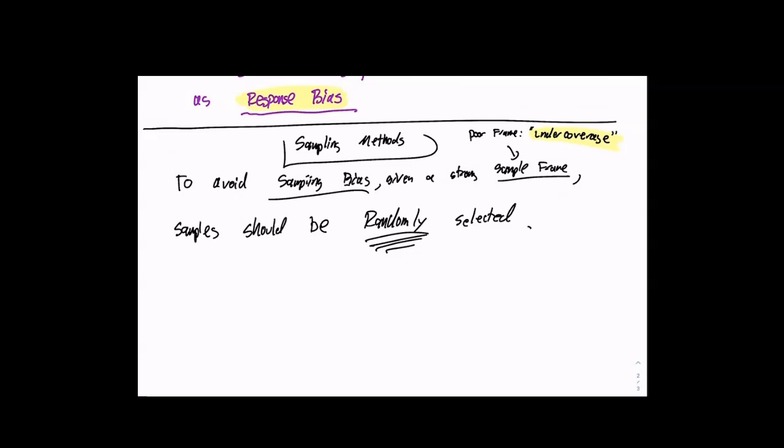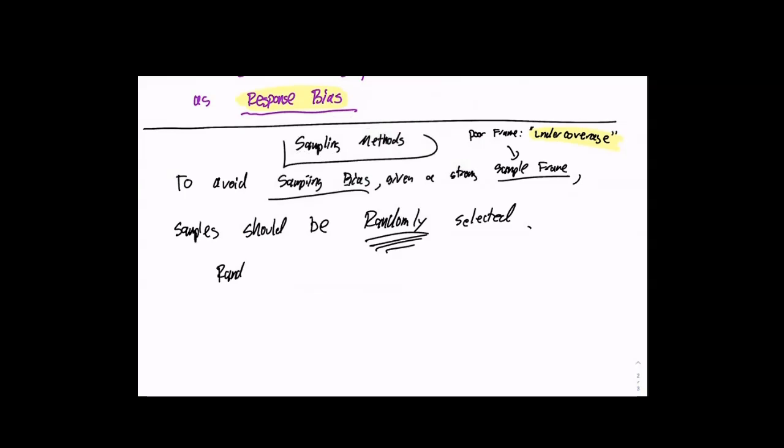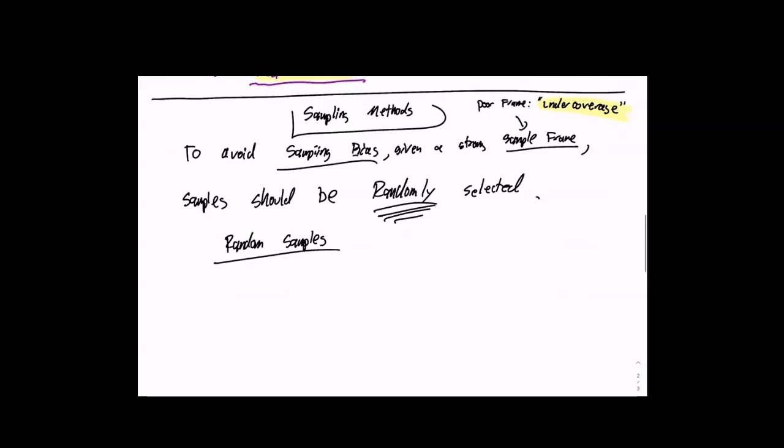So sampling methods. We want to talk first about the random samples. There are many ways to collect random samples. The first one, the most important one, the most commonly used, and this is the popsicle stick in its most basic format, is called a simple random sample.